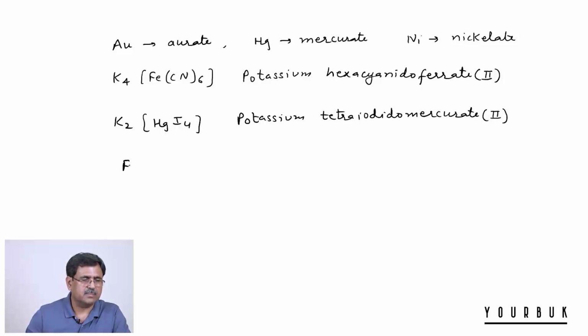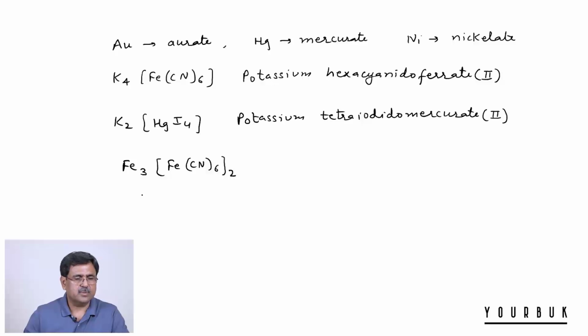Now we take one more example. Suppose you are given this, Fe3[Fe(CN)6]2. Now suppose this is the complex given. In this case, the iron is present inside the complex ion and iron is also present outside as a simple cation.